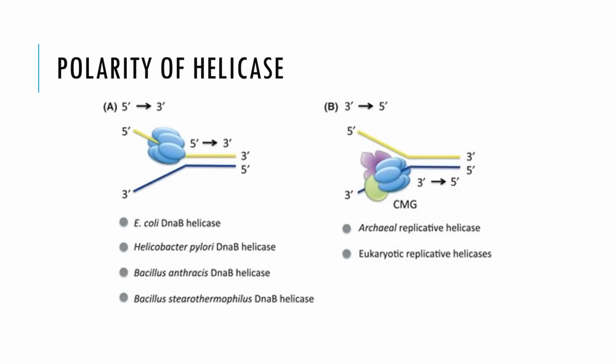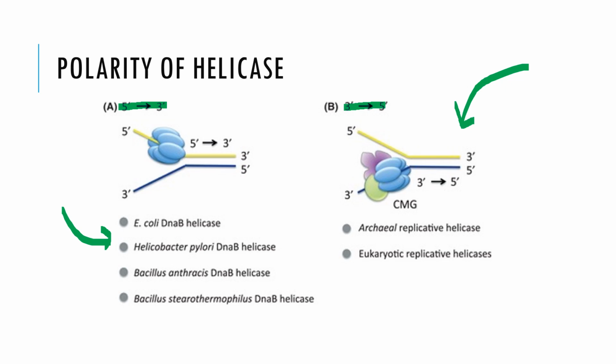Next is the polarity of helicase. This is a very important slide about the polarity of helicase. In this diagram, this side is about the prokaryotes and this side is about the eukaryotes. The polarity of the helicase in prokaryotes is from 5' to 3' direction, and in case of eukaryotes it is from 3' to 5' direction. What does it mean by 5' to 3' direction and 3' to 5' direction?